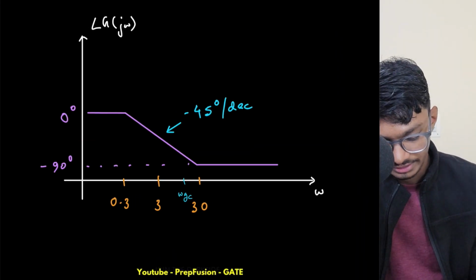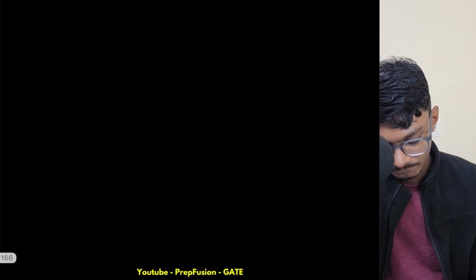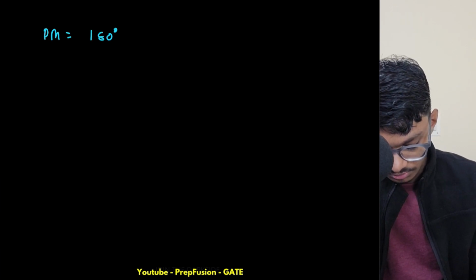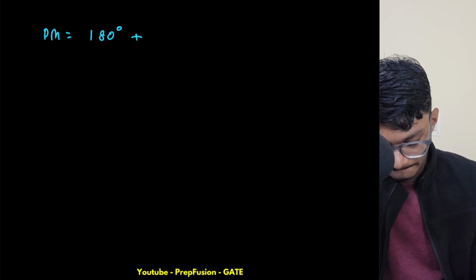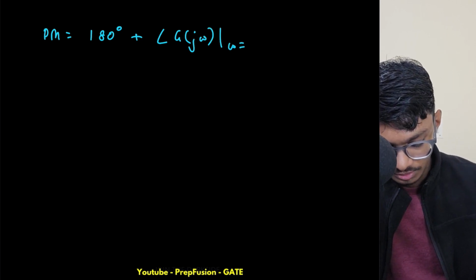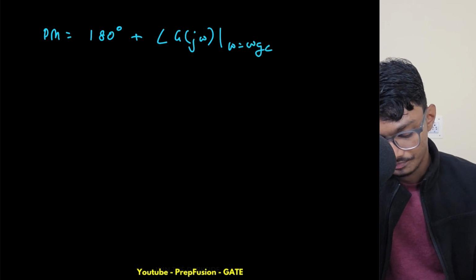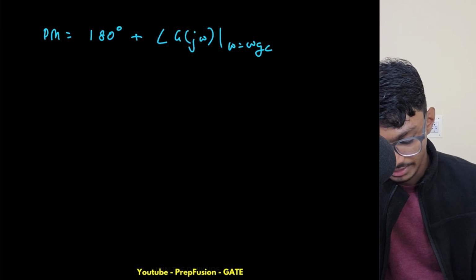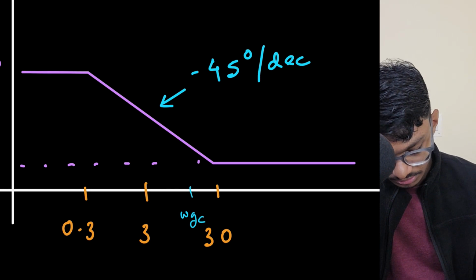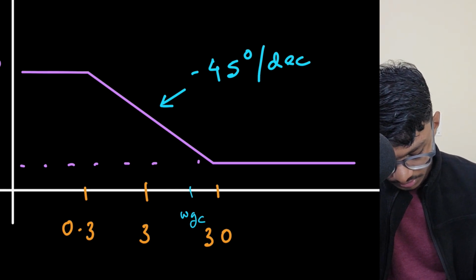For phase margin, the phase margin was 180 plus angle of G(j omega) at omega equals omega gc. So how do I find this one? Simply, again you can mark these points, this point as c, this point as d, and this point as c.